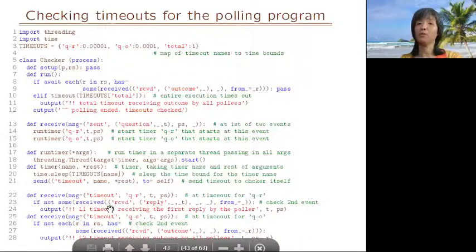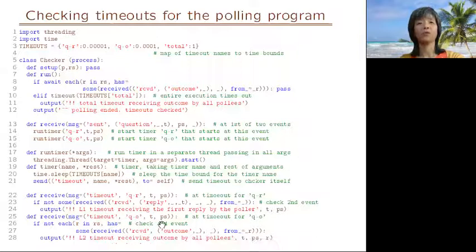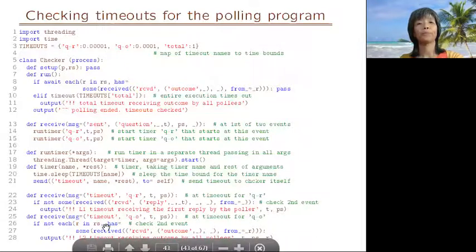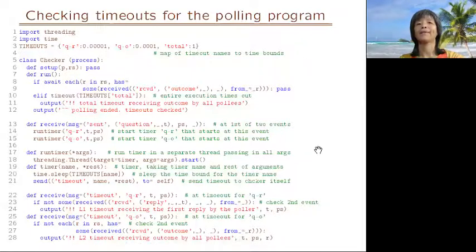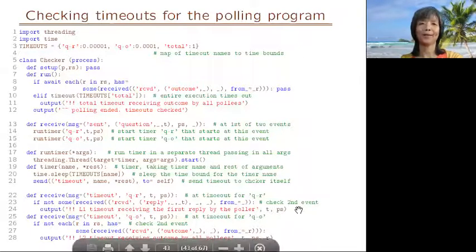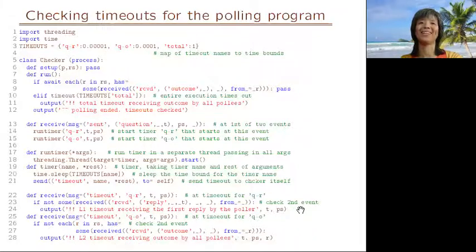If it's supposed to have received some reply and it hasn't, just say if not that condition, then report the first timeout. And the same for here, okay? It's supposed to have received the outcome from each responder. And if not, you report a violation, okay? In fact, I took a tiny little shortcut just so it fits on one slide.